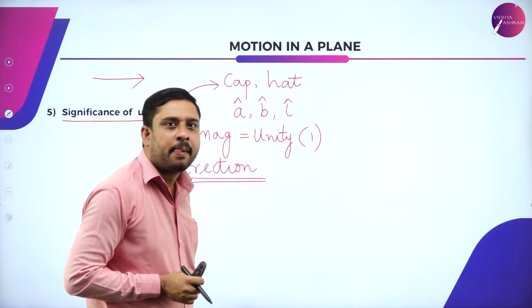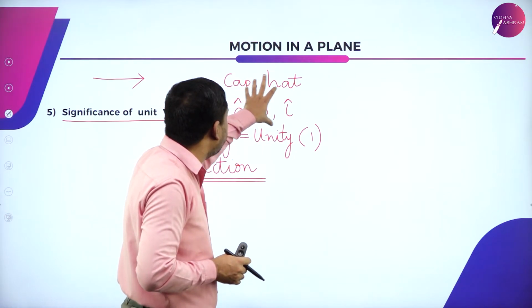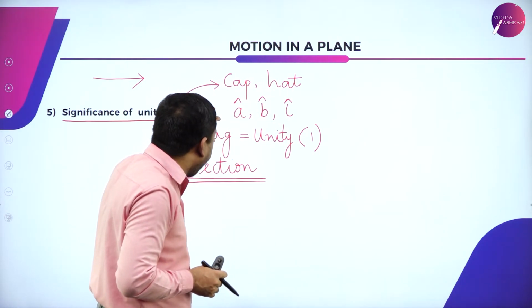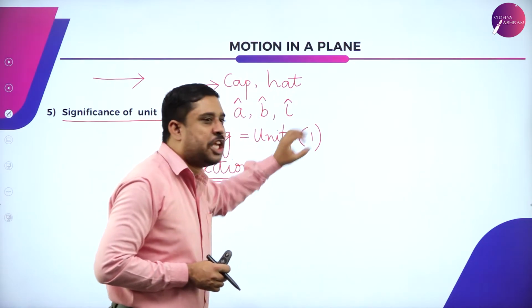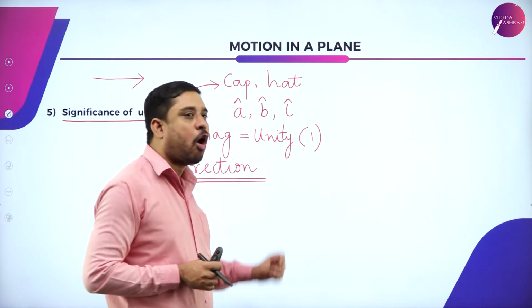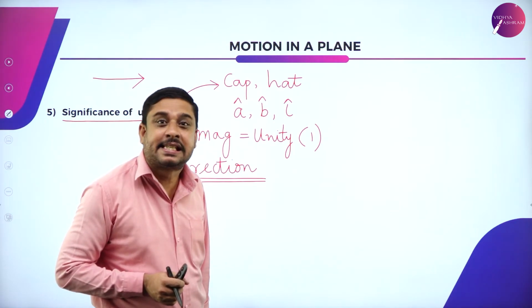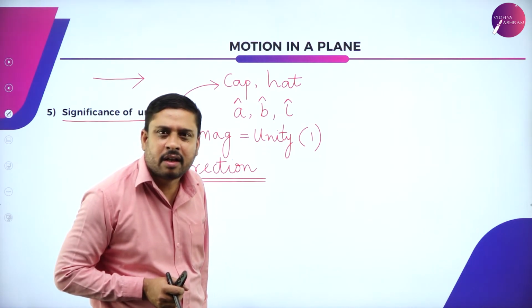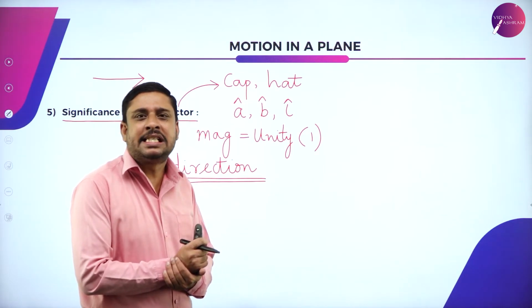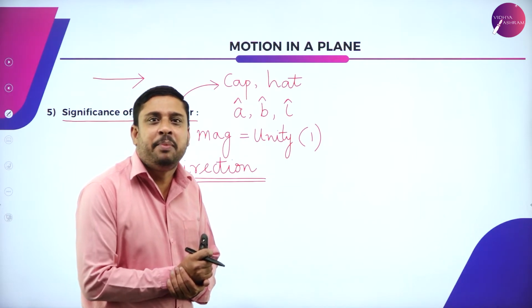Unit vector, represented by a cap over its head. The magnitude of the unit vector is unity, and it always indicates direction. What do you mean by that? What is the actual meaning of that?